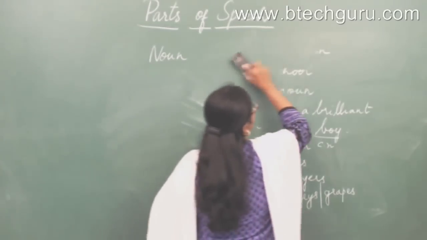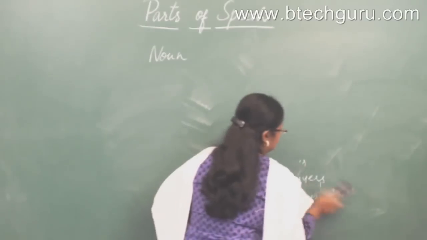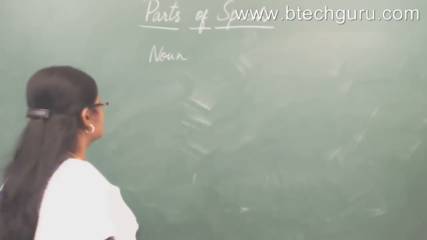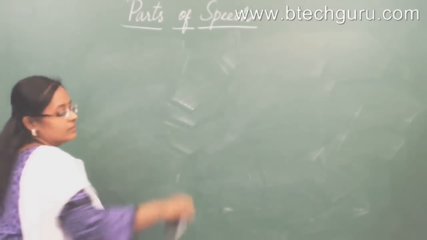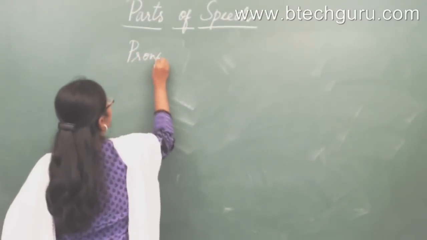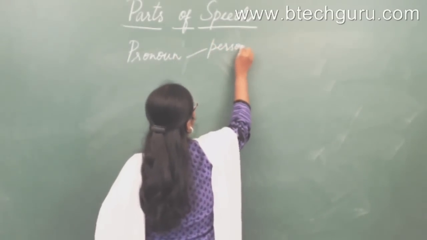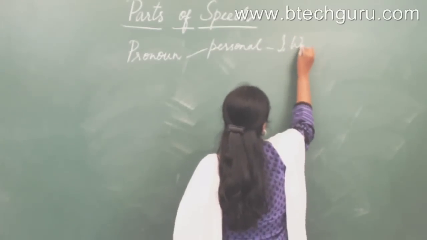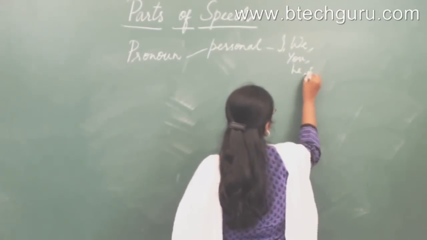We go into pronouns. Pronouns are again of different kinds. We have the personal pronouns. Personal, I is the first person, singular, plural, second person, then third person.